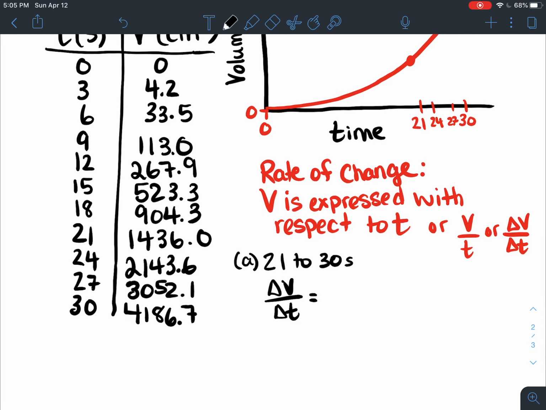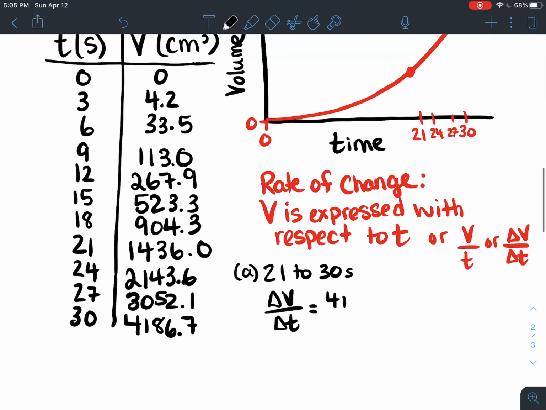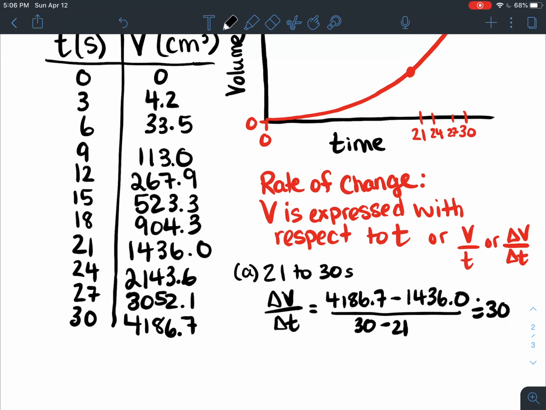The volume at 30 seconds is 4186.7, minus the volume at 21 seconds, which is 1436, divided by 30 minus 21, and we get approximately 306. And the units for that would be centimeters cubed per second.